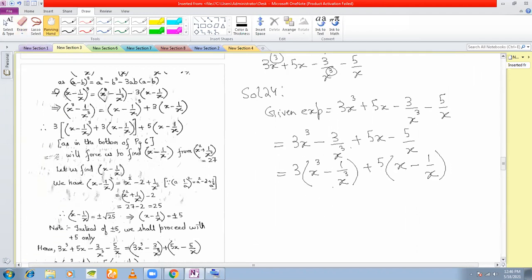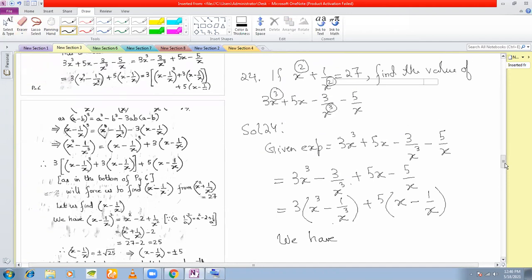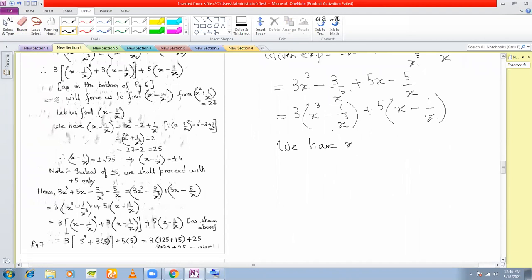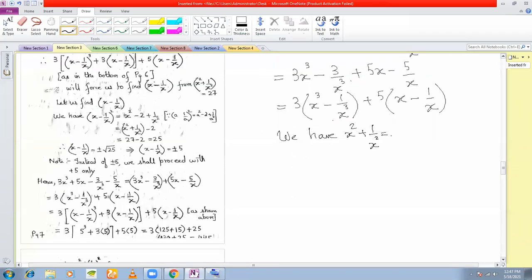Okay, so we start with the given value. So what is the given expression here? X square plus 1 by x square is equal to 27. Now the way I'm doing here, it may be different from the way that I have done in the notes. If you find it convenient, the way I've done in the notes, you do it that way. Otherwise, you follow this to do it this way.